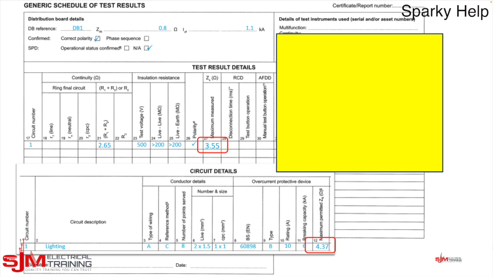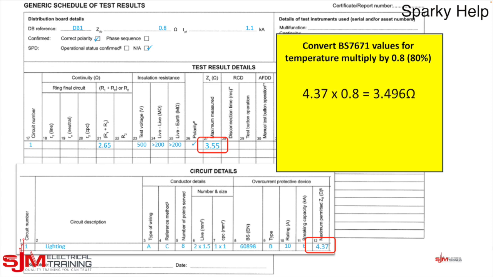So we need to do something to it, and this is where the rule of thumb comes in. We can basically convert all the BS7671 values into the on-site guide values, or lower values, if we find 80%, so multiply by 0.8. 4.37 multiplied by 0.8 comes to 3.496. So we need to be under that value.